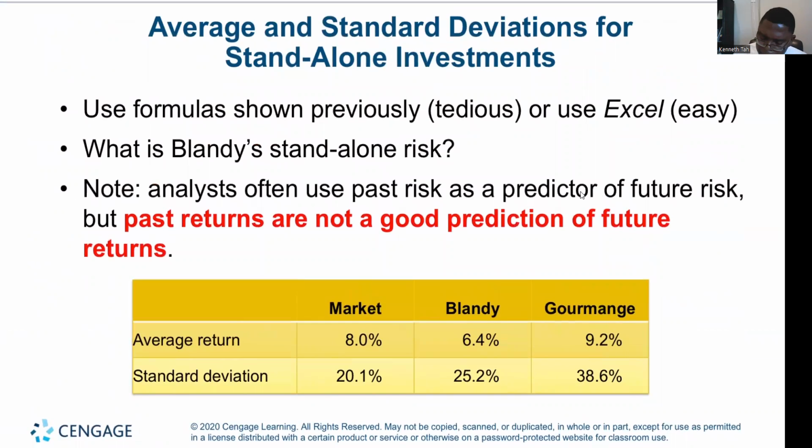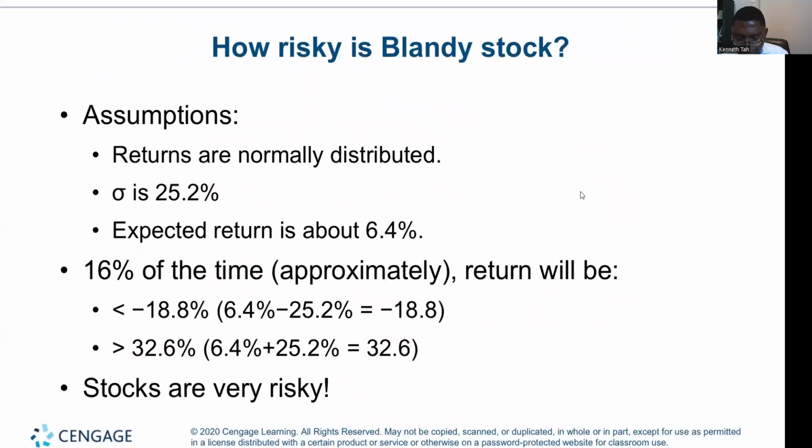So if we follow the procedures, we end up with the average return and risk calculated for the market, Blandy, and Gomash.